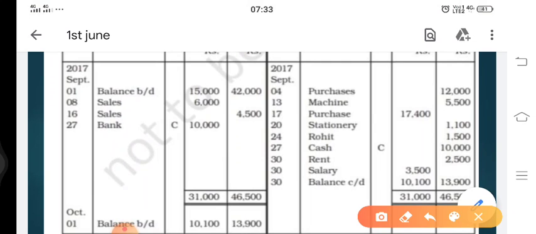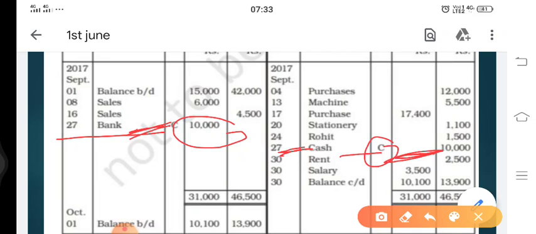So cash got debited by what? By bank. So we have written to bank account, amount on the cash column. And at the same time, on 27th September, on the credit side, by cash account, and amount is written on the bank column. And here in the column of LF, we have written C, which stands for contra entry. This point we have discussed yesterday also.